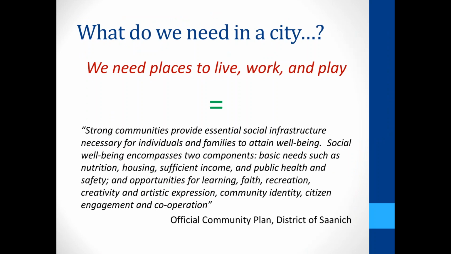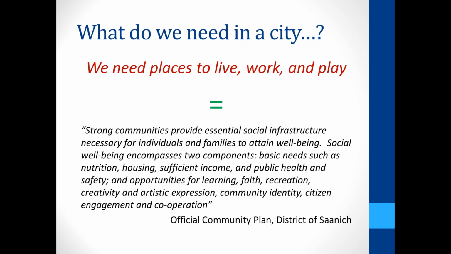And what do we need in a city or a town or rural community? We need places really to live, to work, and to play. I thought I'd highlight this excerpt from the District of Saanich's official community plan because I think it sums these elements up so nicely. Strong communities provide essential social infrastructure necessary for individuals and families to attain well-being.